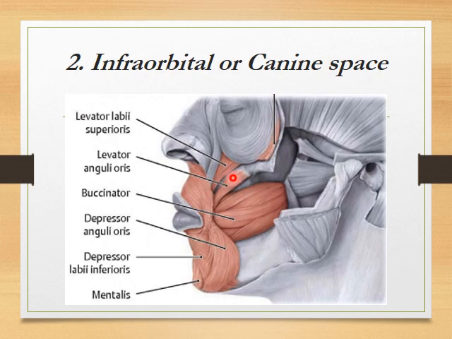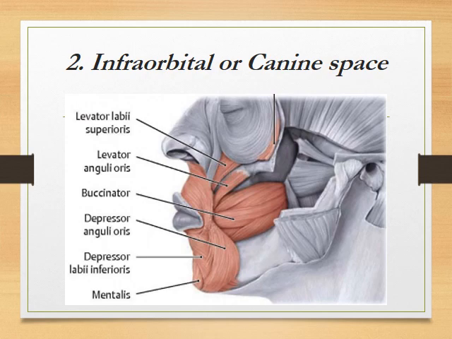The cause of infection, as the name says, is from the maxillary canine. The canine root often is sufficiently long to allow erosion to occur superior to the origin of levator anguli oris and below the origin of levator labii superioris.